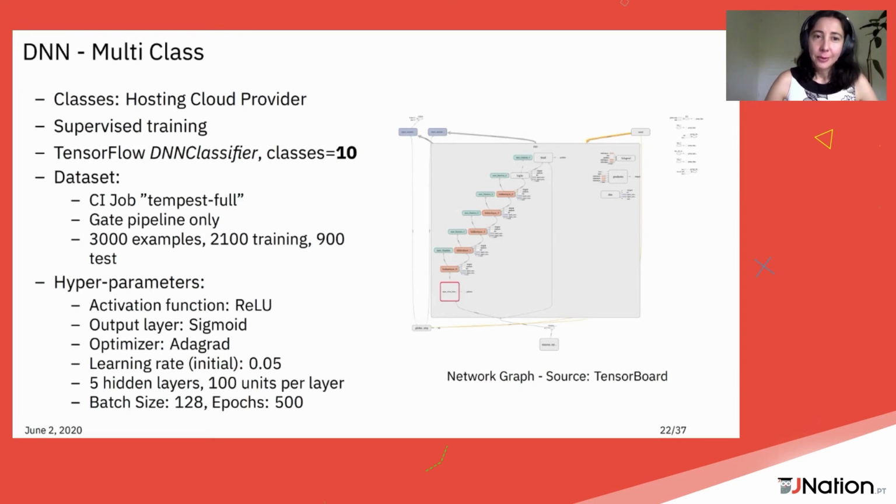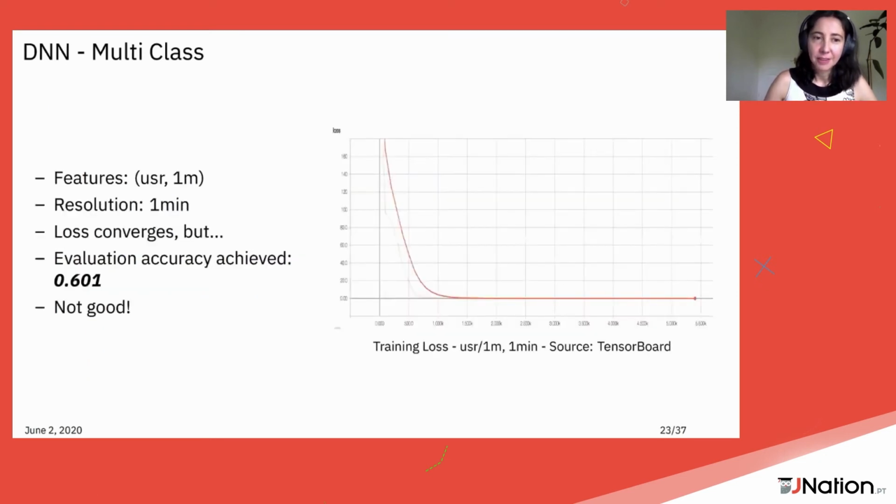In our data set, we had initially 10 classes, and we used TensorFlow again as the CI job, with data coming from the gate pipeline. Initially, we had the model with the same hyperparameters as the model we trained in the previous experiment. We ran the evaluation and found that the accuracy was not good.